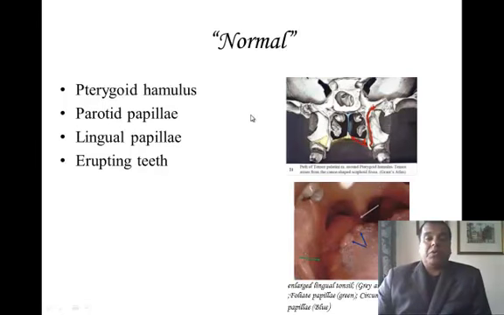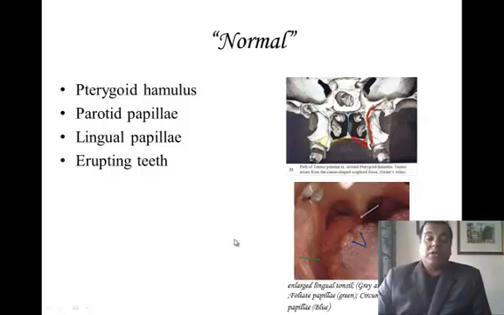Just quickly, some of the variations of the normal anatomy that can create alarm for clinicians could be the pterygoid hamulus, the parotid papillae, which if they're prominent can look like a swelling, the lingual papillae, and especially enlarged tonsils, where you've got the enlarged lingual tonsil at the back, or enlarged foliate papillae on the lateral margin of the tongue, or even the circumvallate papillae, which occur in an arrow shape at the posterior border of the tongue.